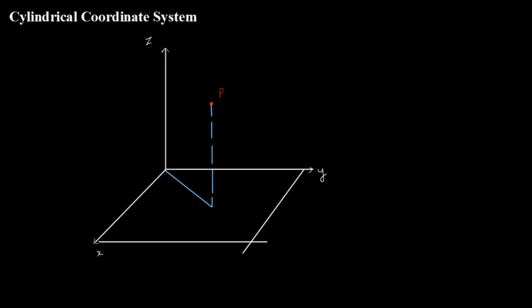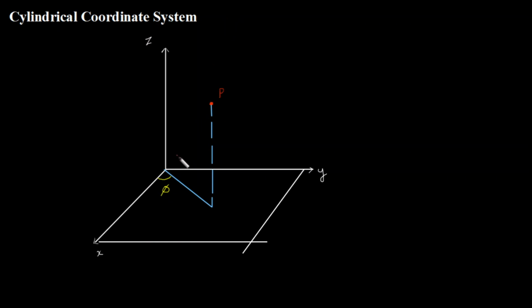Now, I visualize this as a half plane. This half plane makes some angle with the x axis. That angle is measurable and it is known as phi, or the azimuth angle. Azimuth angle is derived from the concept of the geographical spherical system, but we can easily use it in cylindrical coordinate systems also.